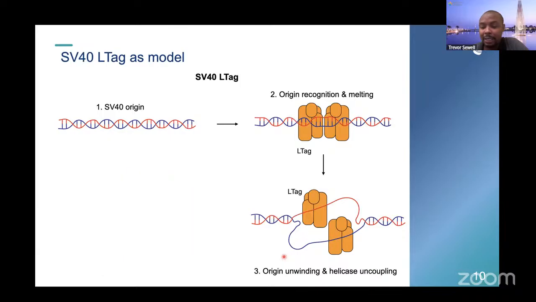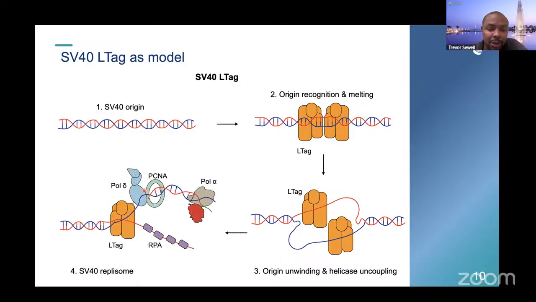The SV40 virus does not have replication machinery. So it uses this LTag to recruit human DNA replication factors such as polymerase alpha, polymerase delta, and PCNA to replicate its own genome.